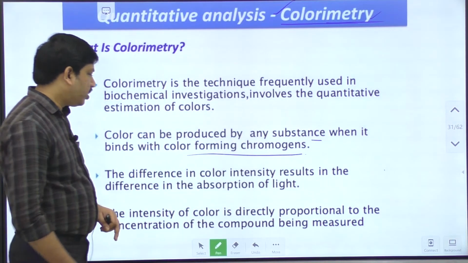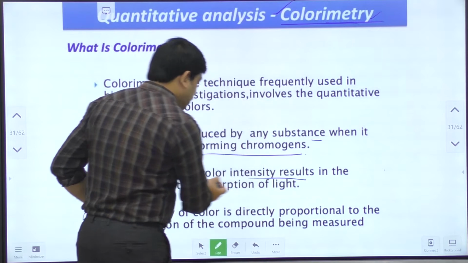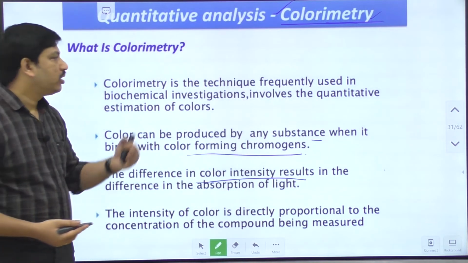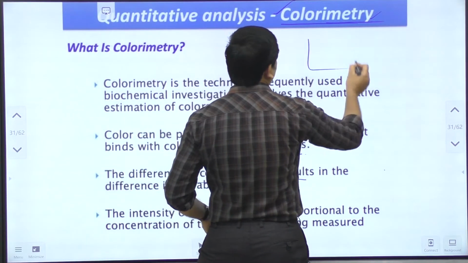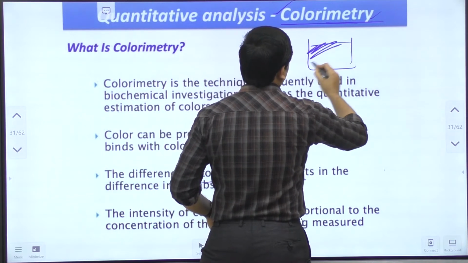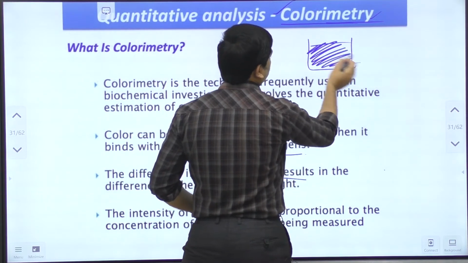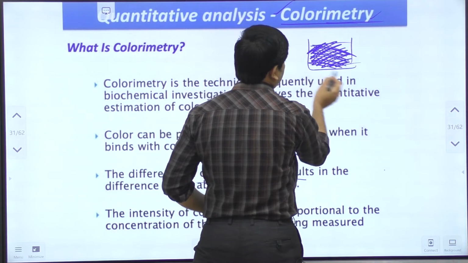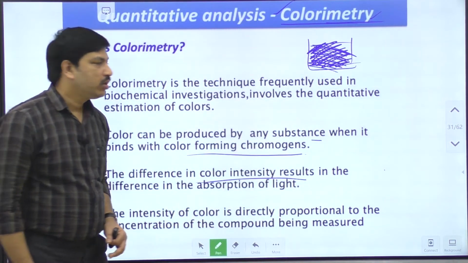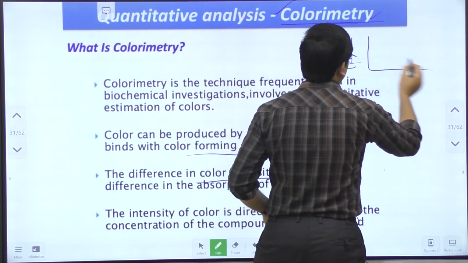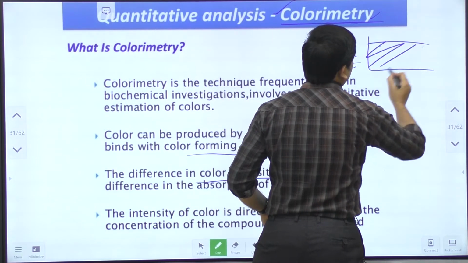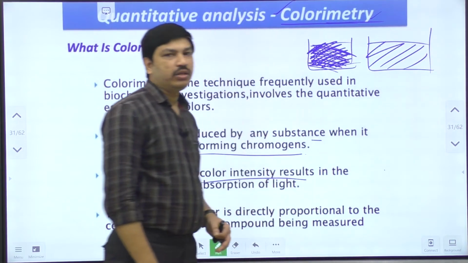And another point: the difference in color intensity results. For example, the first compound has a very dark color like this. The second compound has a pale color like this.